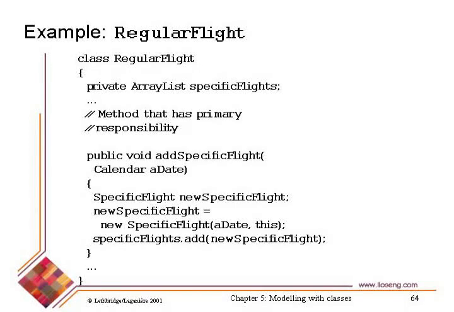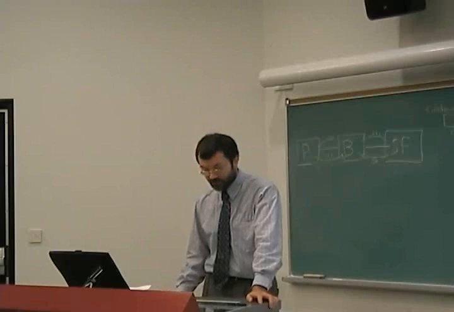It's probably going to be a local variable. And then I'm going to call on that. I'm going to say add to my specific flights up here, my specific flights instance variable, this new instance that I just created. Okay, so a lot of the work is going to go on in this constructor of specific flight. The constructor of specific flight is going to go on and do a lot of that work.